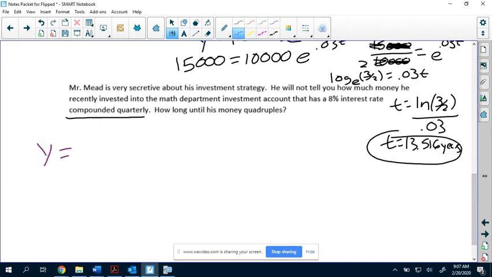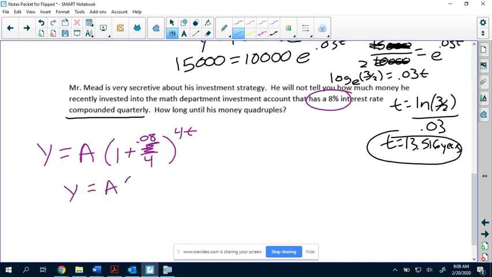Y equals A times 1 plus the rate divided by the number of times compounding, 4 times per year is quarterly, to the power of 4t. And we also know that this rate is 8%. So we have 0.08. So we know that Mr. Mead, every one of those payments is getting 2% of his money.